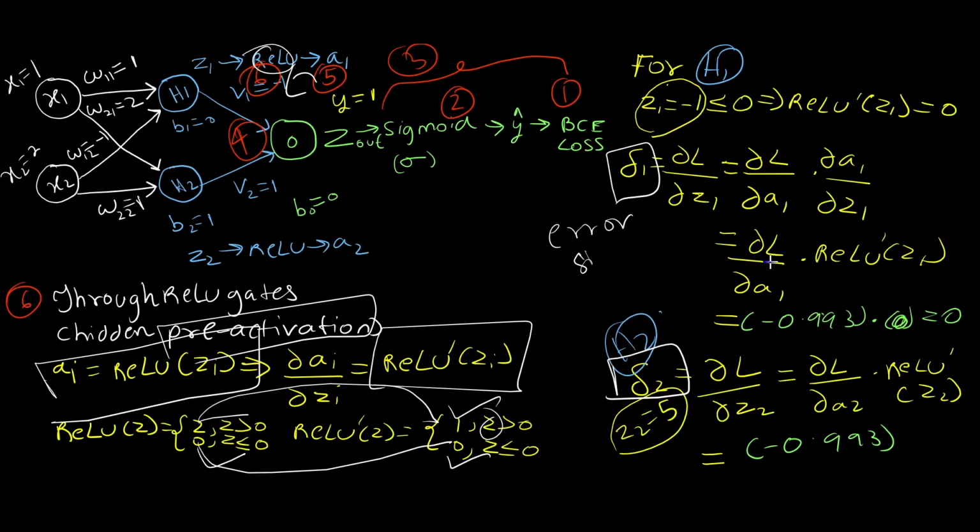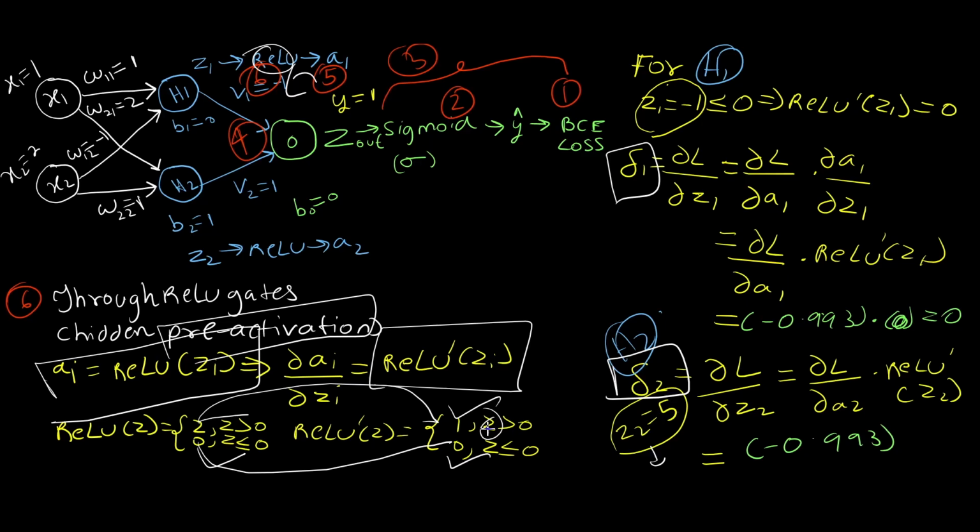So we calculated the error signal for neuron H1. Now similarly we're going to calculate this for H2. Here we have the same thing, but instead of A1 we will have A2 and instead of Z1 we will have Z2. The value of Z2 we calculated during the forward pass.